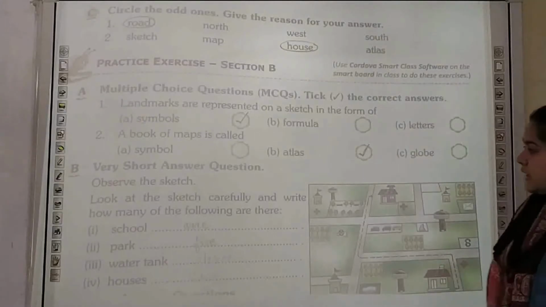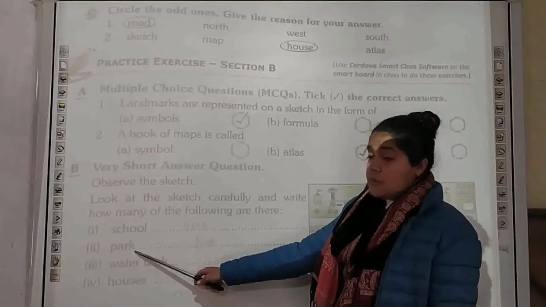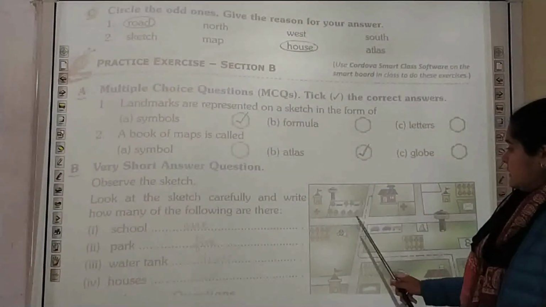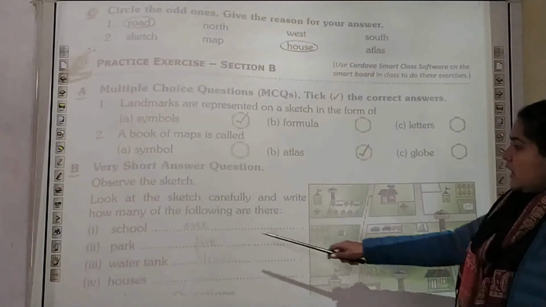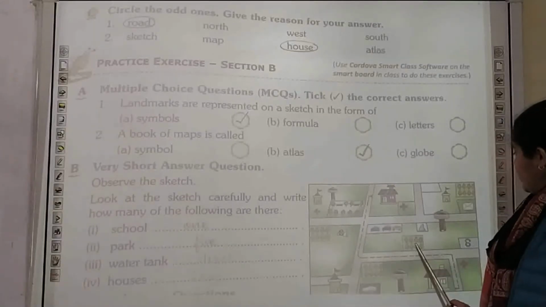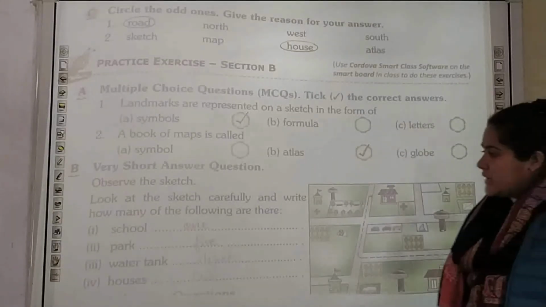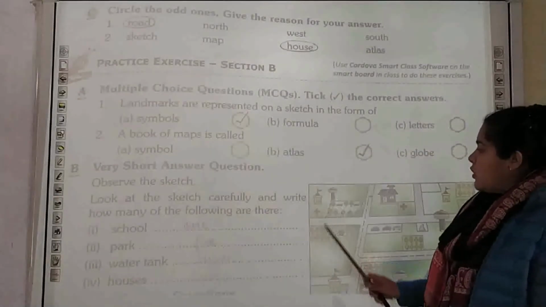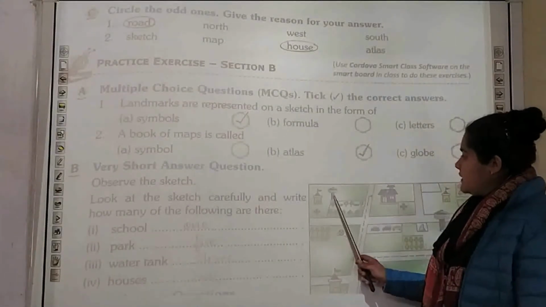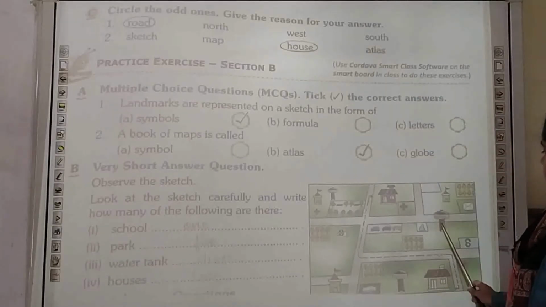It is 1. The next is if you consider park. This symbol denotes park. You can count over here. How many parks are there? 1, 2, 3, 4 and 5. 5 parks are there. The next is water tank. This symbol denotes your water tank. You have to count how many of these are there in this sketch. 1, 2 and 3.